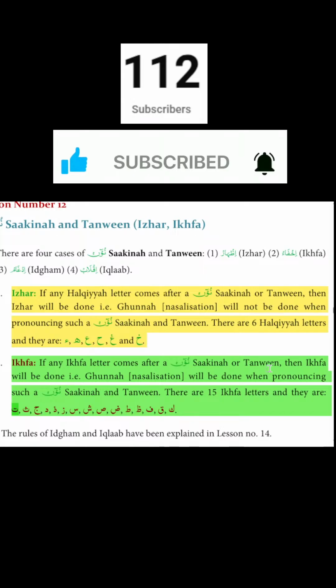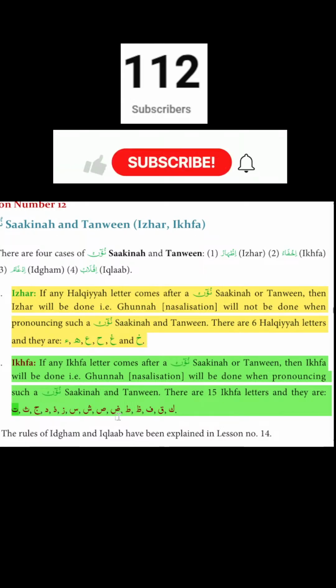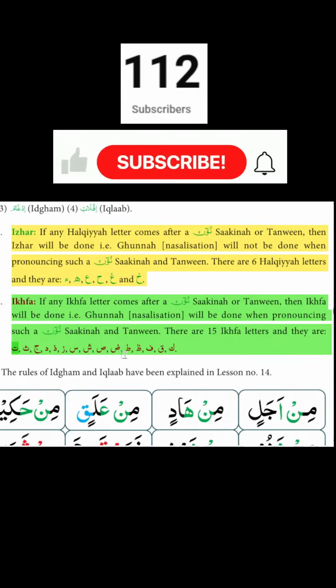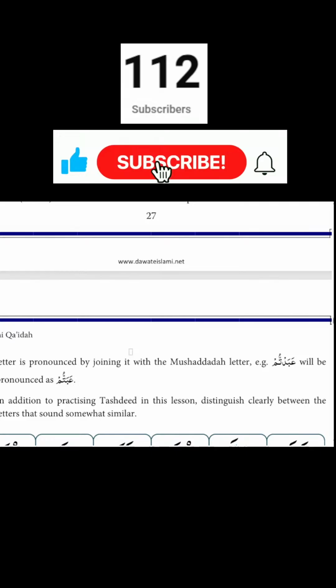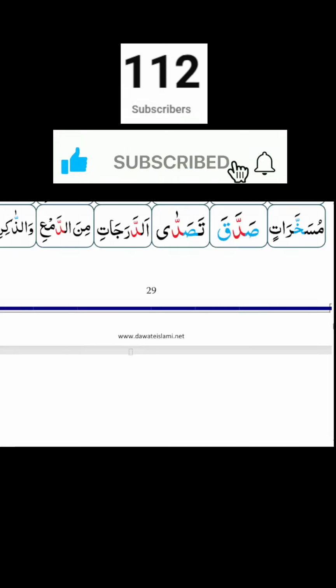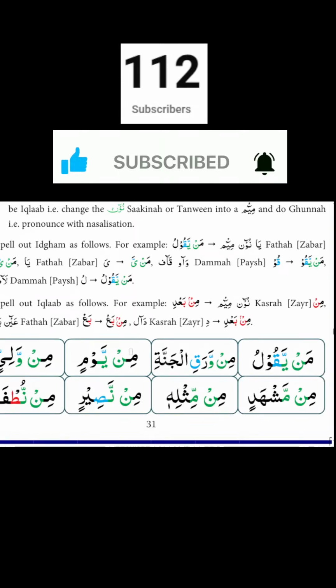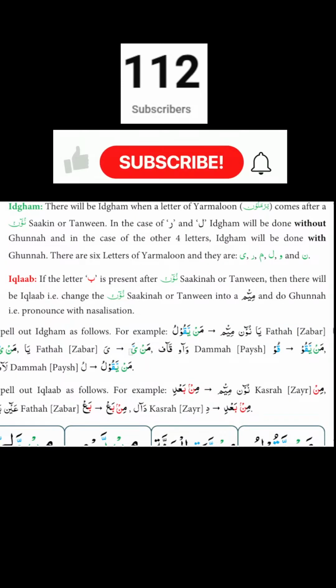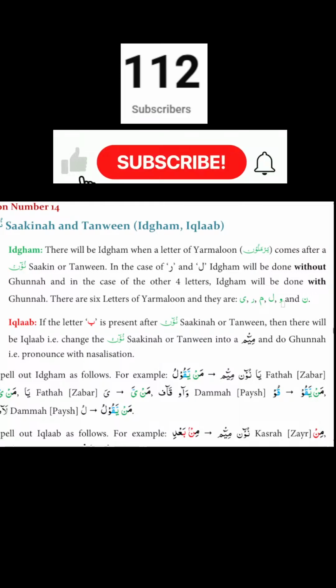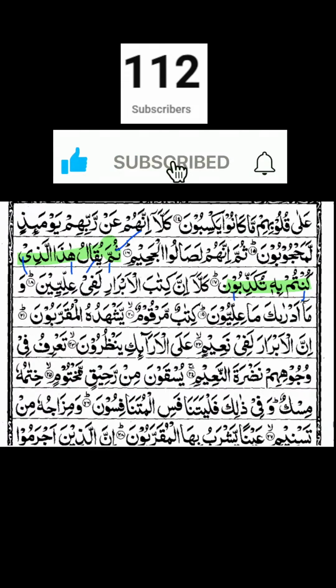So after noon sakin and tanween, if we find one of the letters of yarmalun, we have to do gunnah there. The name of that rule is idgham. We have to find this: ya ra lam mim waw nun. So idgham is here when we find one of them after noon sakin and tanween, and we have to do gunnah here.